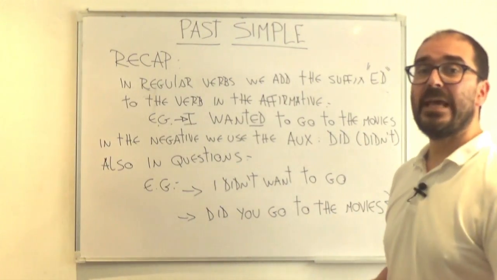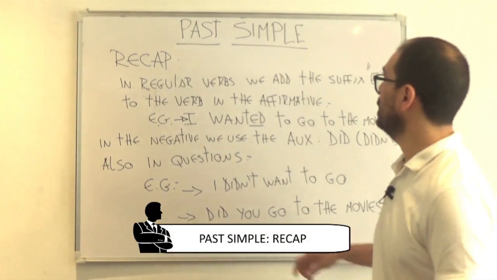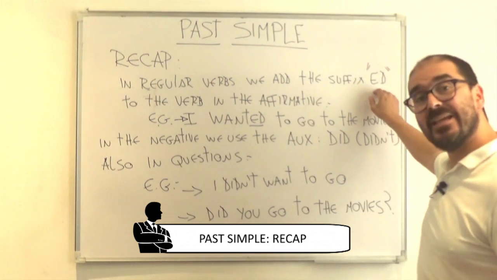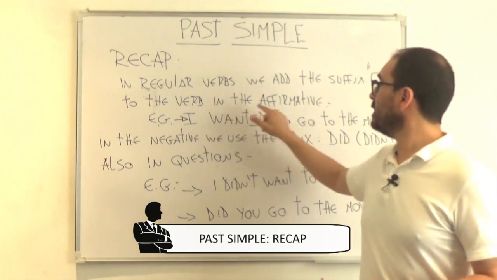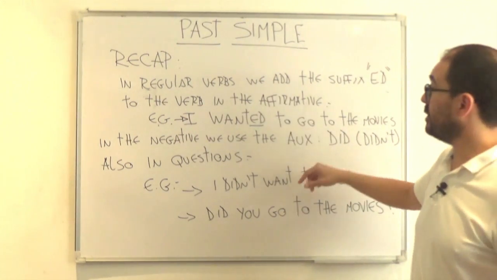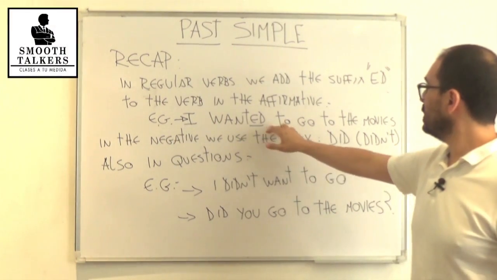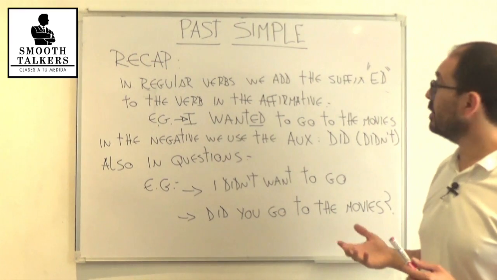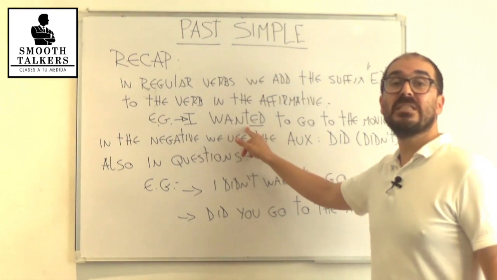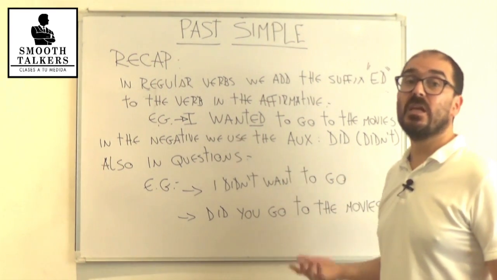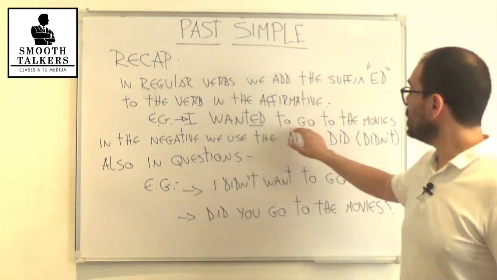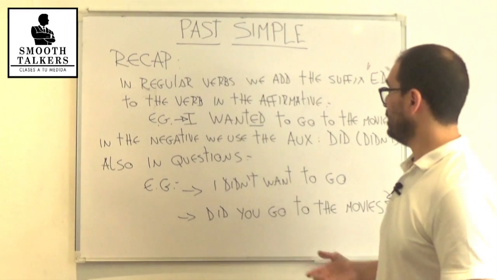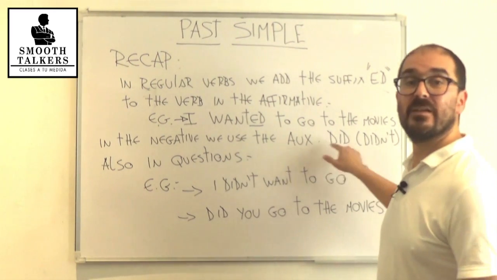Let's recap what we have learned today. In regular verbs, we add the suffix id to the verb in the affirmative. For example, I wanted to go to the movies. Remember the pronunciation rules we discussed before. This verb ends in the T, so we use id. I wanted to go to the movies. But in the negative, we're going to use the auxiliary verb did.